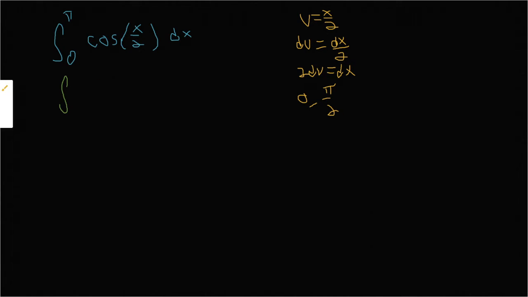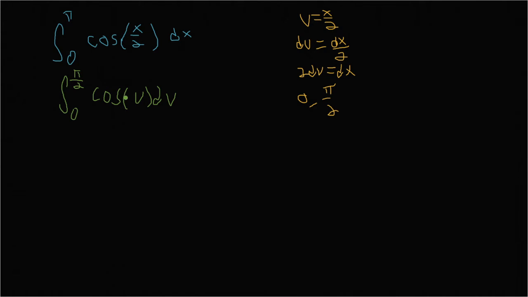So now we can actually rewrite this as the integral from 0 to pi by 2 of 2 cosine of u du. Now, let's think.